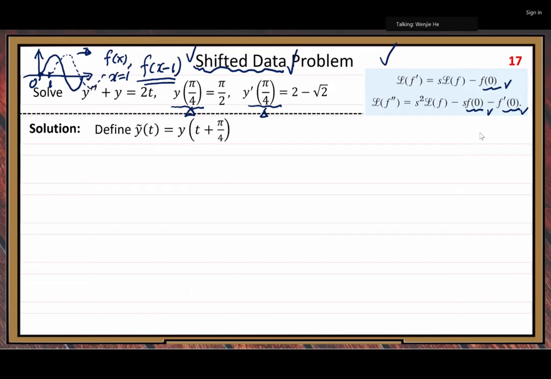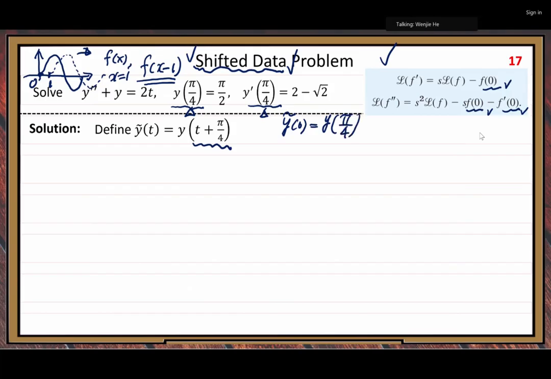Now define y tilde function, closely related to y, but with some appropriate shift operation. This time, plus pi over 4. Why plus pi over 4? You can see when t equals 0, y tilde of 0 equals y of pi over 4, right?